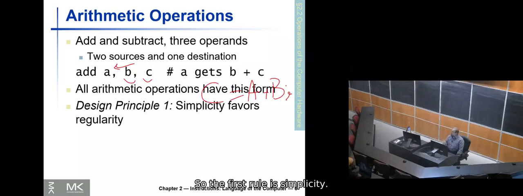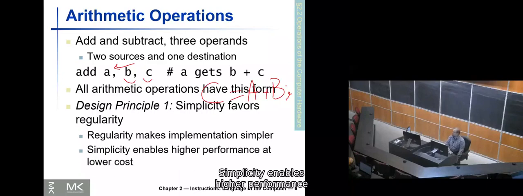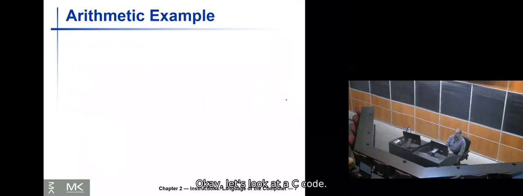So the first rule is simplicity. This is the idea of RISC, reduced instruction set computing. Make instructions as simple as possible. Regularity makes implementation simpler. Simplicity enables higher performance because it gives a better clock cycle.